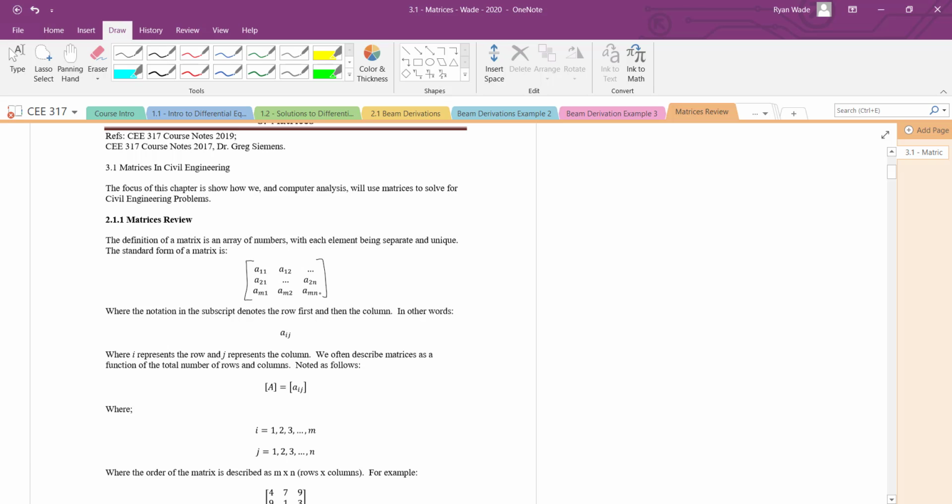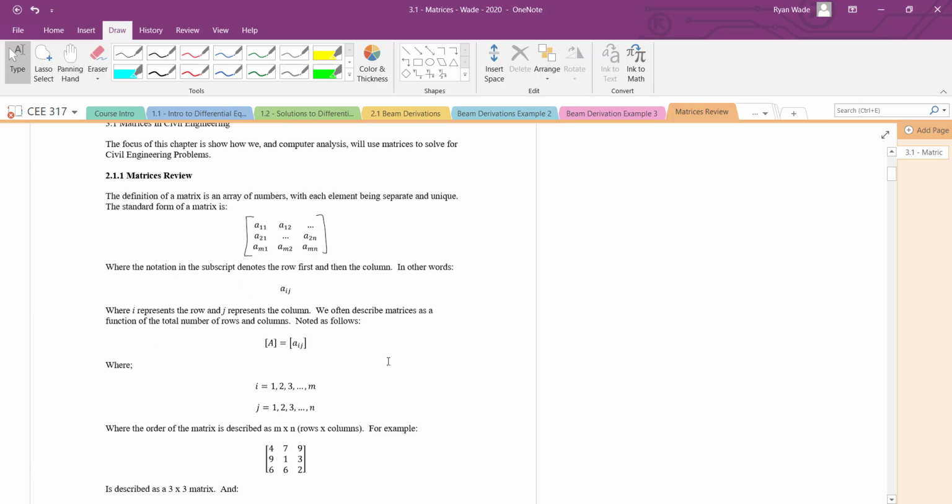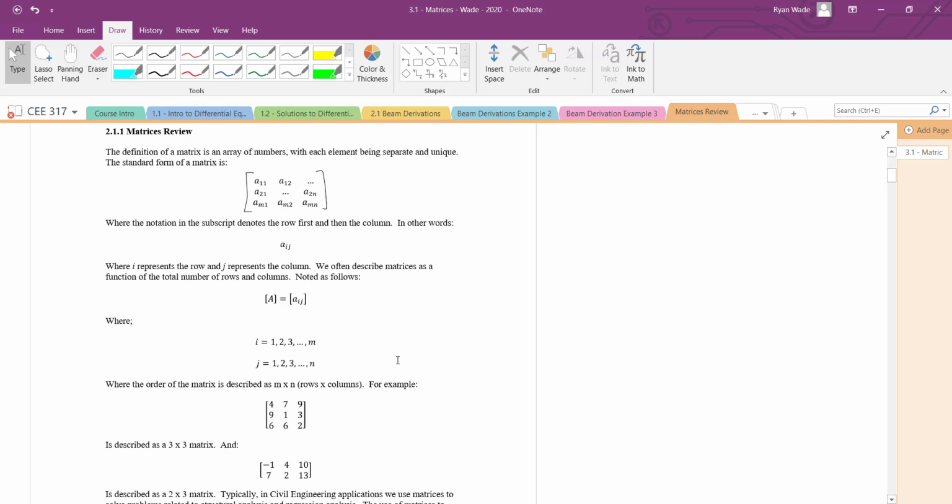What that means is each number corresponds to some sort of value, but the whole system is linked together. The way we talk about matrices is rows and columns. So I represents the number of rows and J represents the number of columns. Just like Excel.